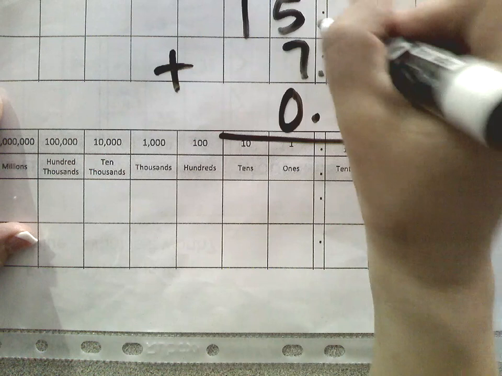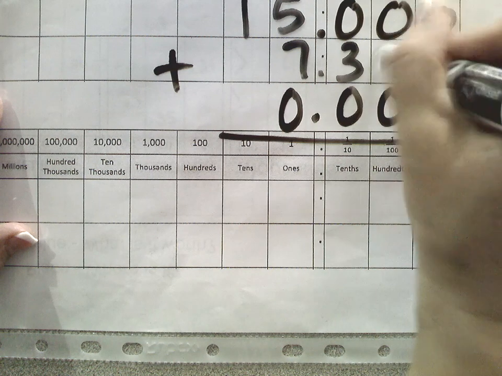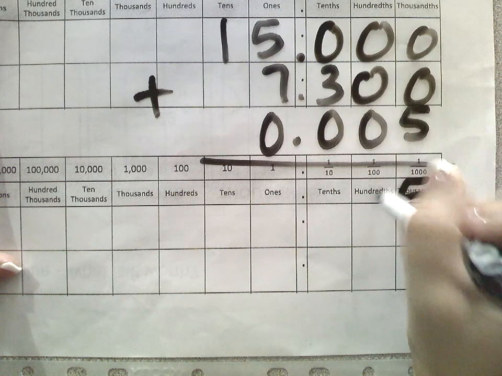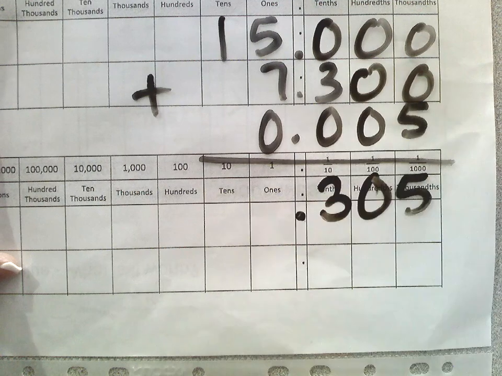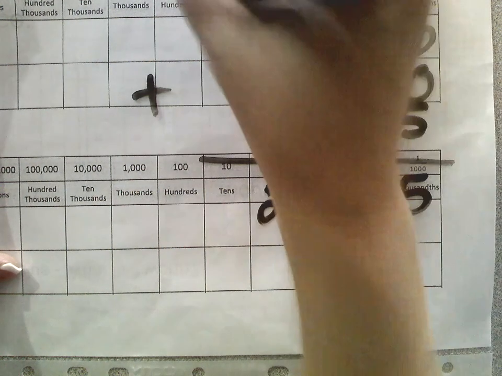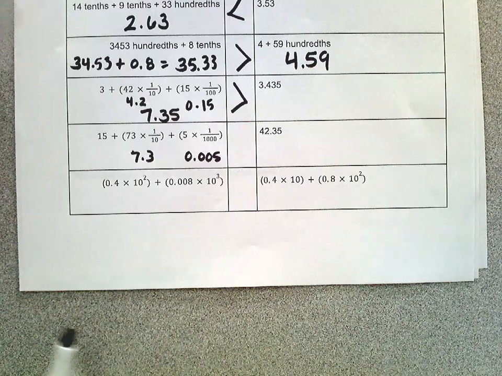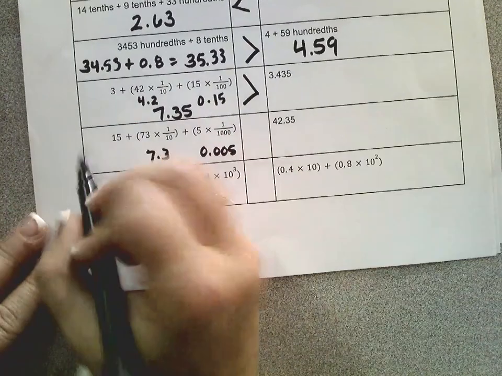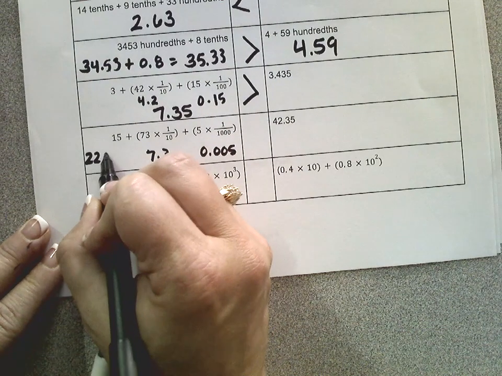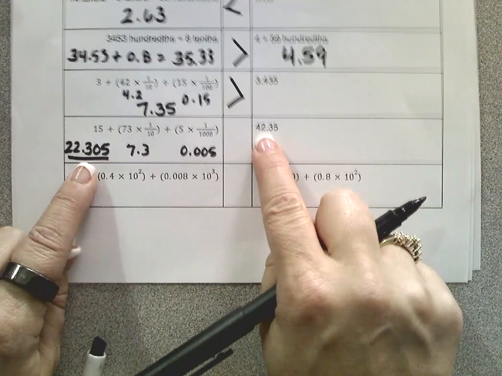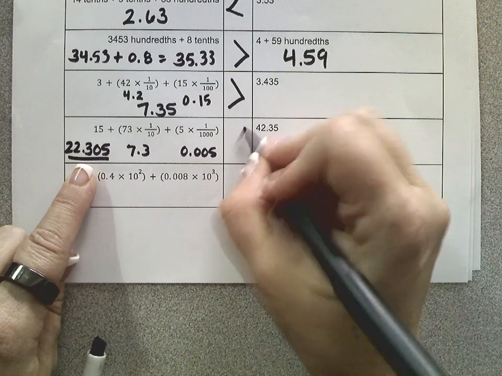We got everything lined up. Going to add my place zeros. Now it's a much easier problem. 5, 0, 3, decimal point, 12, carry the 1, 22 and 305 thousandths. So 22 and 305 thousandths is our final answer here. Well, obviously 42 is larger.